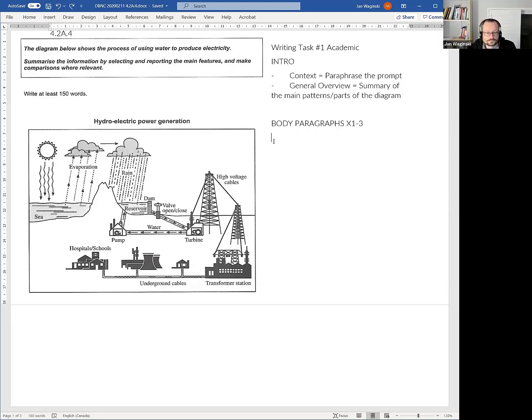Mm-hmm. Then the other one saying about the water cycle. Yeah, the rain, evaporation. Okay. So would you put that first or second or last? What order would you put it in? What would you start with?